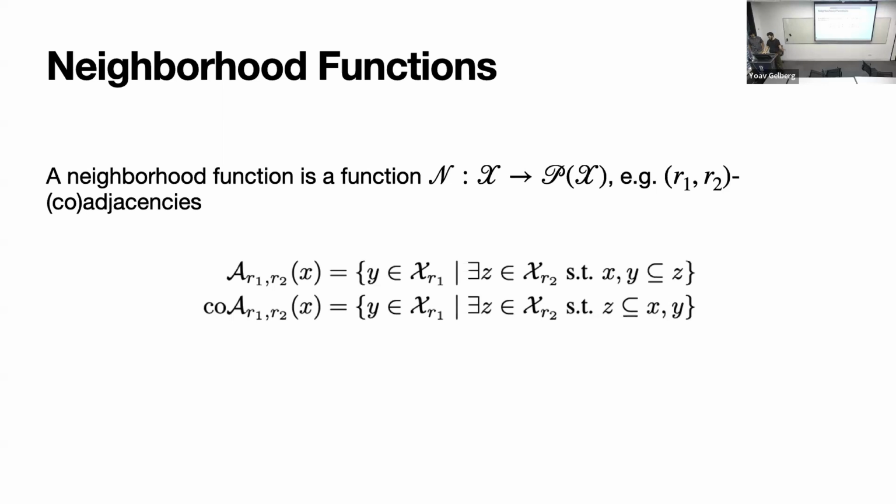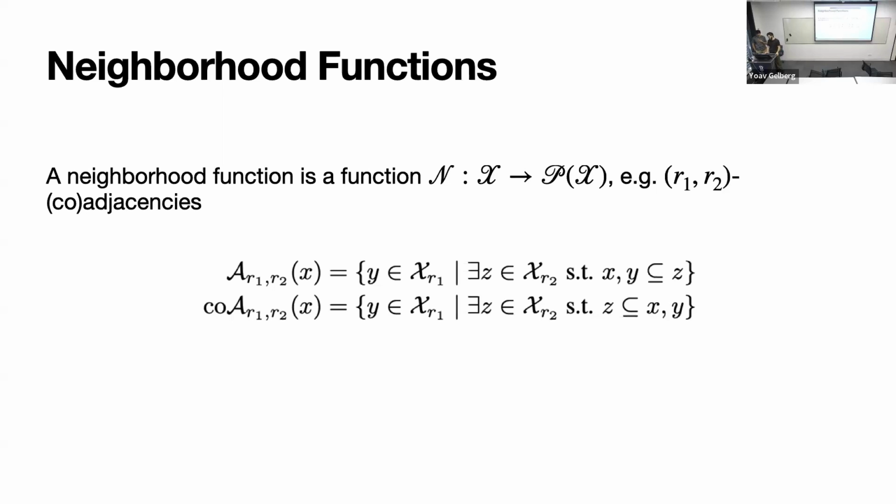So a neighborhood function is a very general thing. Here we're going to be focused on the most common examples of neighborhood functions that are concretely being used, which is adjacency and co-adjacency neighborhood functions. So 2 cells are connected via an adjacency neighborhood function if they both are contained in a 3rd cell, and they're connected via a co-adjacency function if they both contain a 3rd cell.